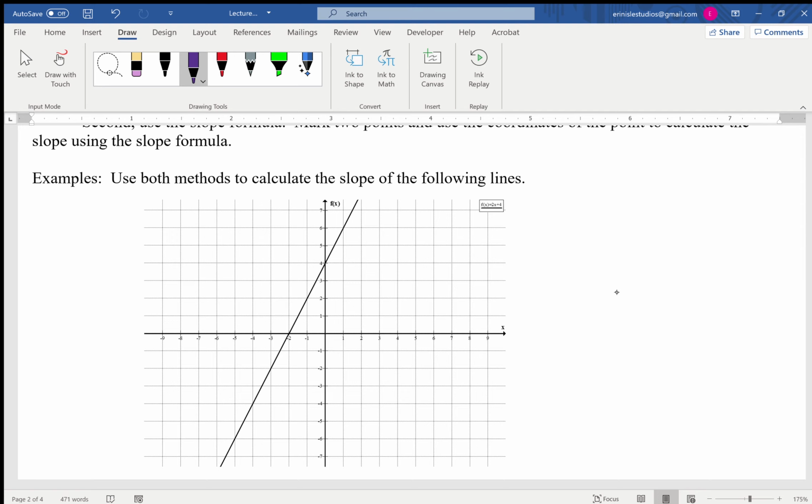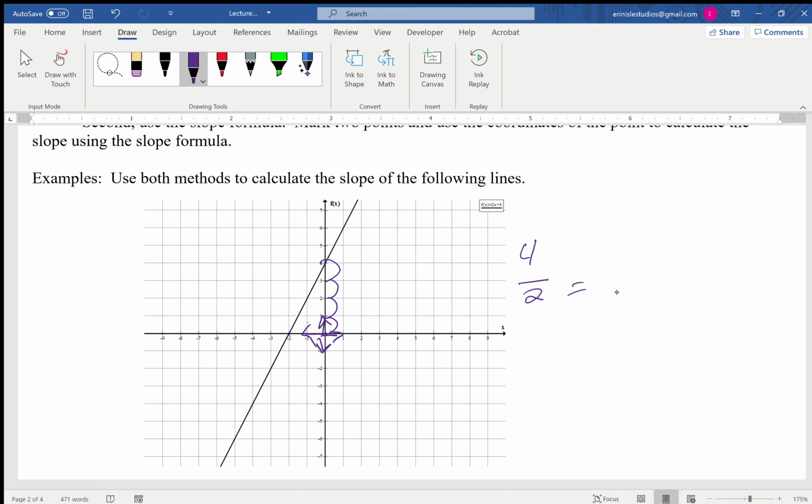Up is positive. Forward is positive. Down is negative, and backwards is negative. Okay, so to go from here to here, I go 1, 2 in the x direction. And I go 1, 2, 3, 4 in the y direction. Forwards and up.